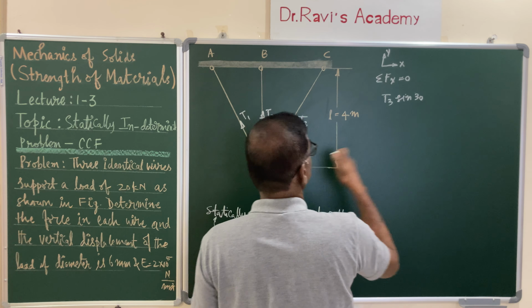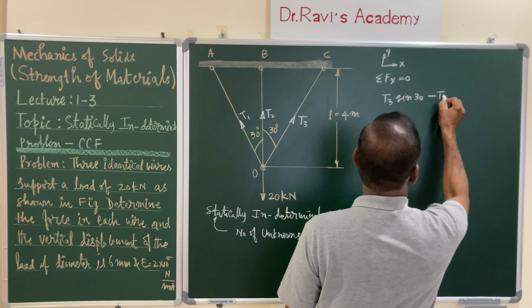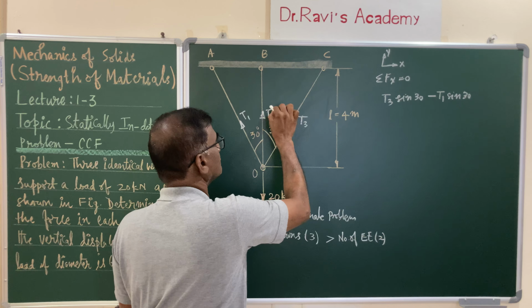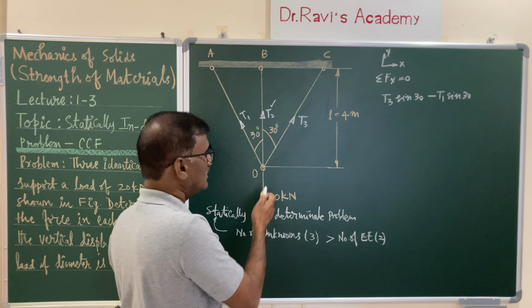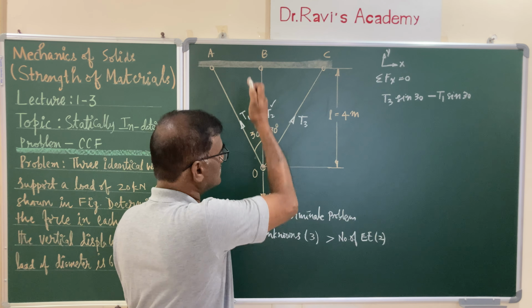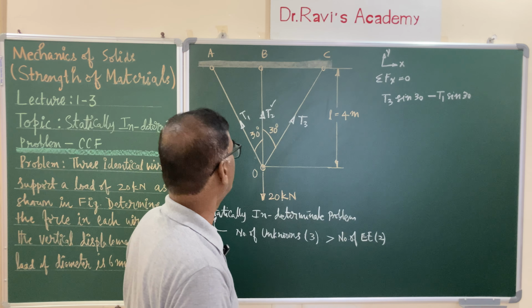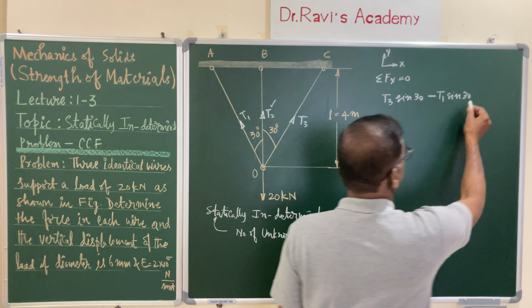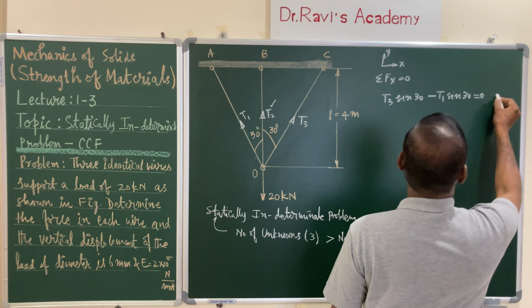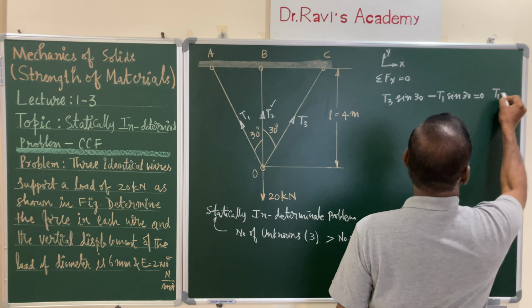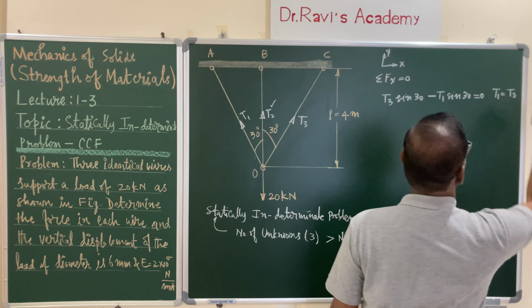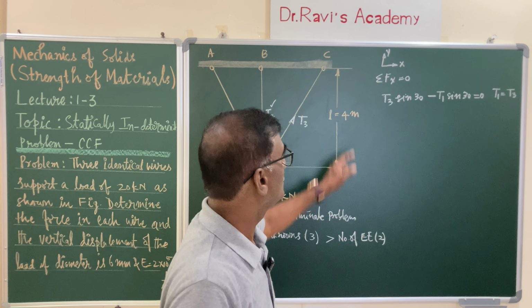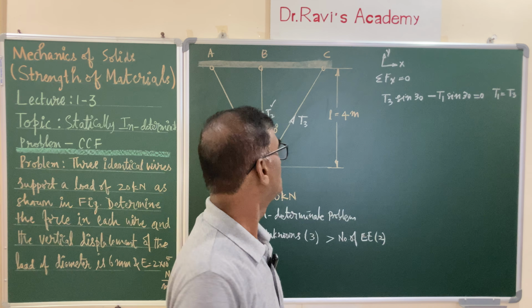The other component is minus T1 sine 30, and observe carefully, you don't have the component of T2 as well as 20 kilonewtons. Both are vertically upwards and downwards respectively. So from this equation, sigma fx is equal to 0, you get that T1 is equal to T3.